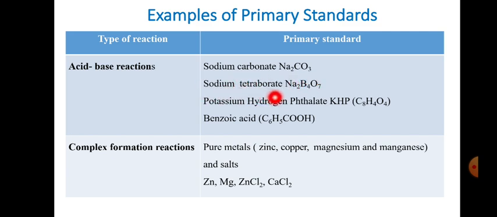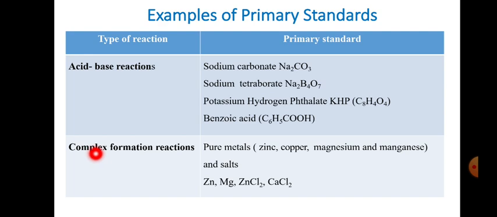Sodium tetraborate, Na2B4O7, then potassium hydrogen phthalate, which is very popularly used in acid base titration. We will be using this for the practical also. KHP is the abbreviation of potassium hydrogen phthalate, having a formula C8H5KO4. Similarly, benzoic acid is also popularly used, having a formula C6H5COOH. These are the examples of primary standards used in acid base reactions.